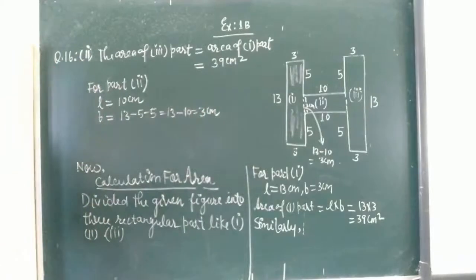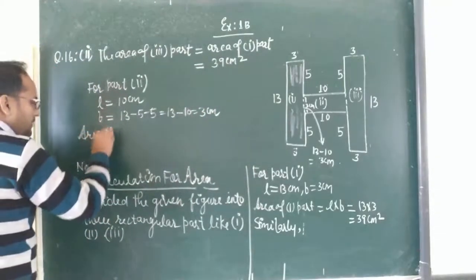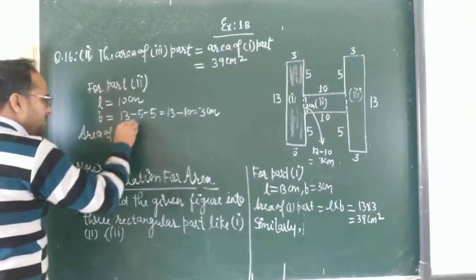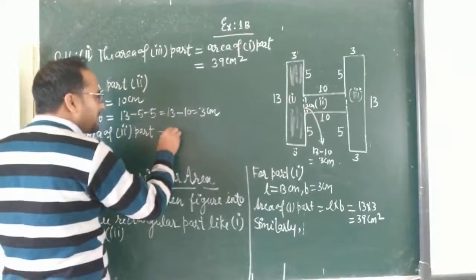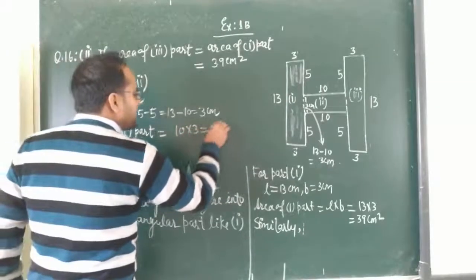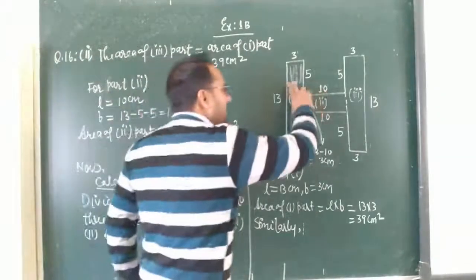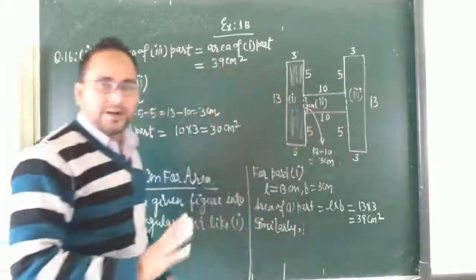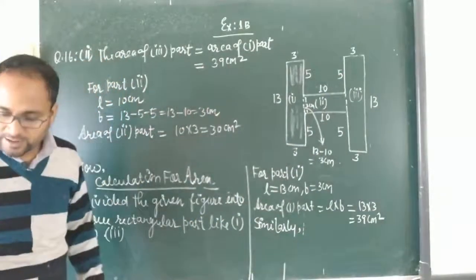So breadth is 3 and length is 10. The area of the second part is length multiplied by breadth, 10 multiplied by 3, which is 30 centimeter square.